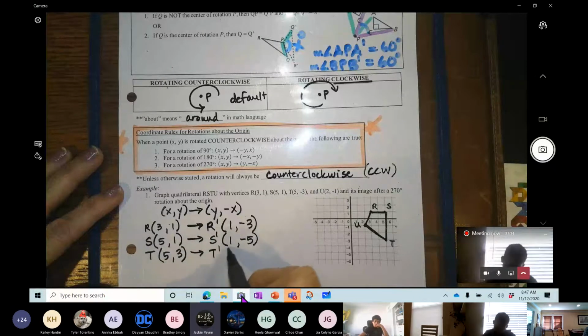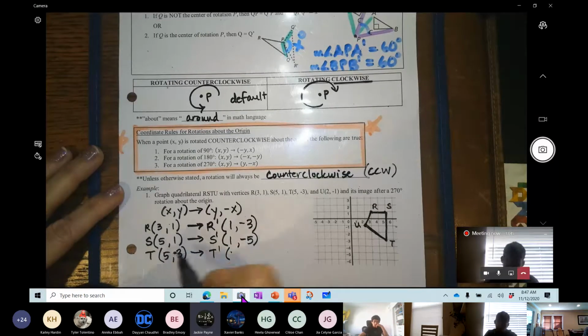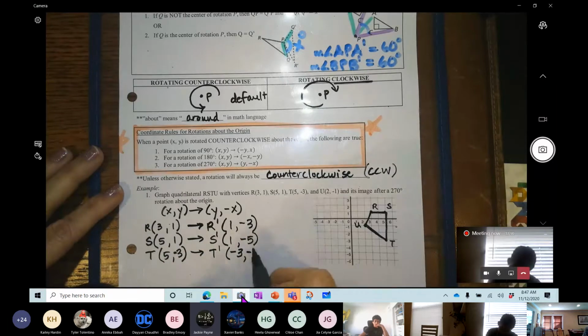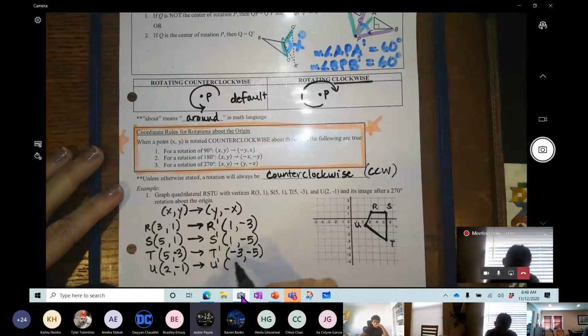So T prime is, I'm going to take the Y, put it here, but make it negative. And then I'm also going to make my X negative because now I'm in the 3rd quadrant. And U is (2, 1). And U prime is going to be -1, that's my Y, and then -2 is the opposite X.